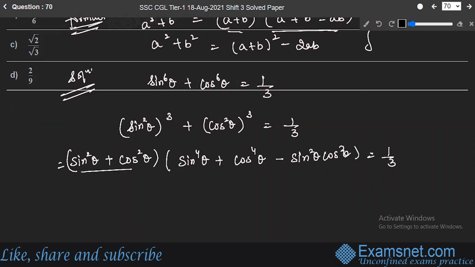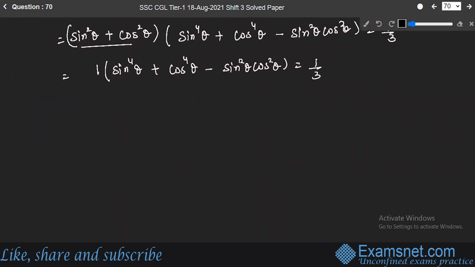You know sine square theta plus cos square theta is equal to 1. So this will be equal to 1 into sine raised to power 4 theta plus cos raised to power 4 theta minus sine square theta cos square theta is equal to 1 by 3. Okay, so I'll leave it till here only.